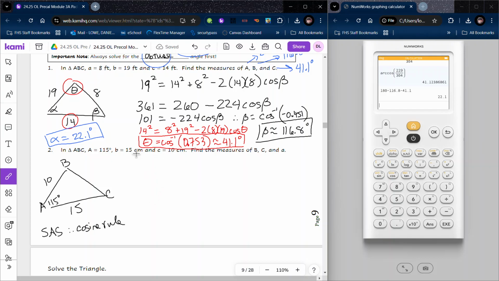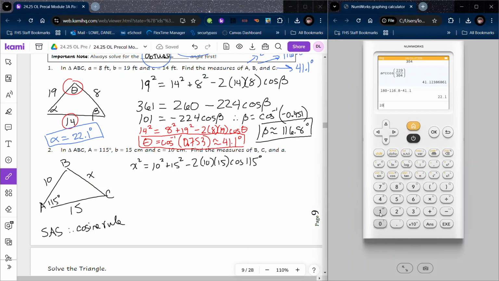And what the cosine rule tells me is, let's say that I call that x. I know that x squared is going to be equal to 10 squared plus 15 squared minus 2 times 10 times 15 times the cosine of 115 degrees. Oops, not sine, but rather cosine.